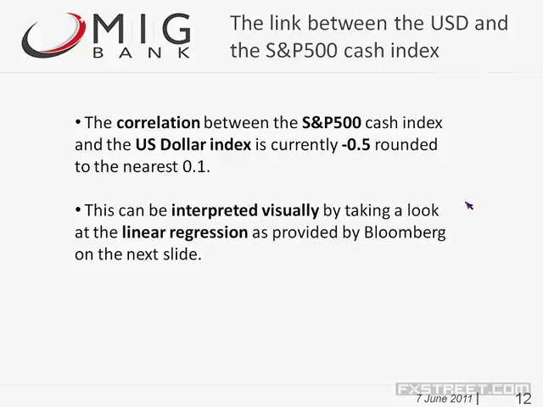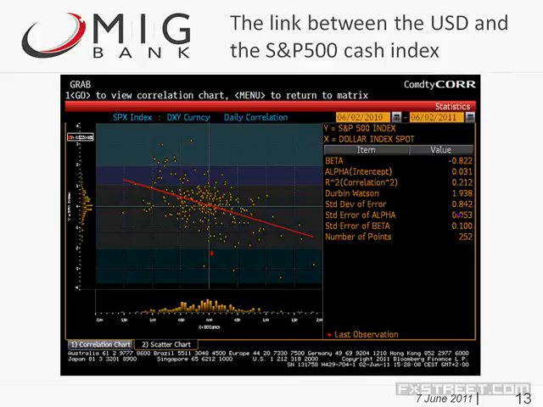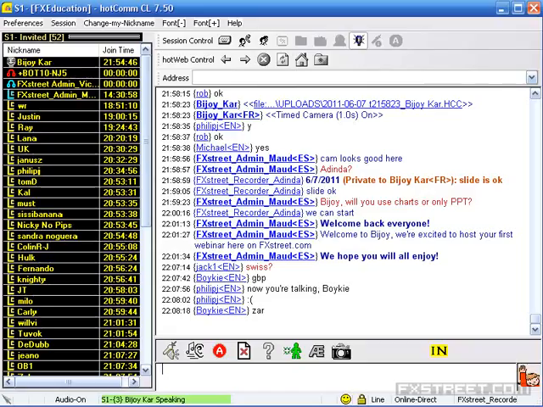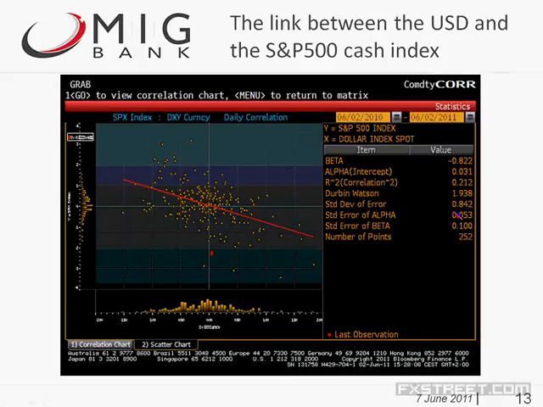And we can do that by looking at a slide provided by Bloomberg. So this is the next slide. On the x-axis at the bottom, we've got the return of the dollar index. On the y-axis, we have the return of the S&P, and you can see that there is a linear relationship between the two, and it's negative.